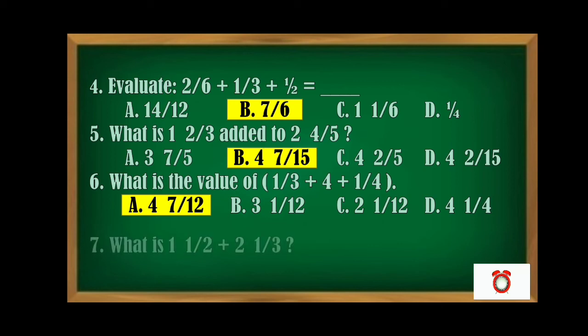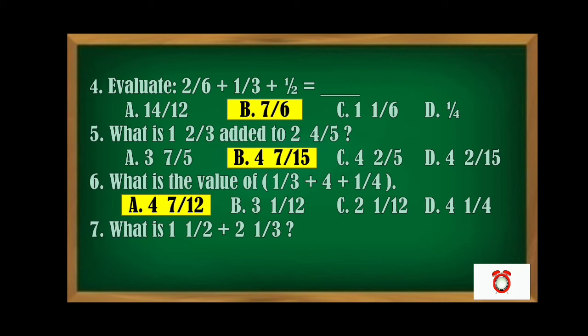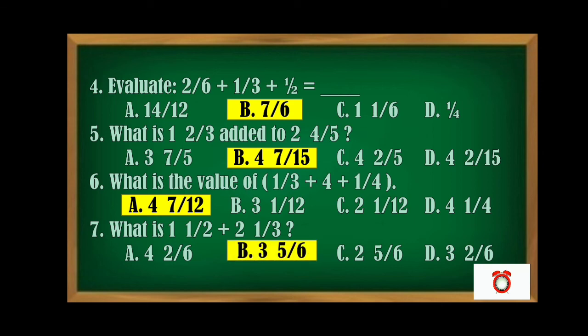And for number 7, what is 1 and 1/2 plus 2 and 1/3? Is it 4 and 2/6, 3 and 5/6, 2 and 5/6, or 3 and 2/6? The correct answer is letter B, 3 and 5/6.